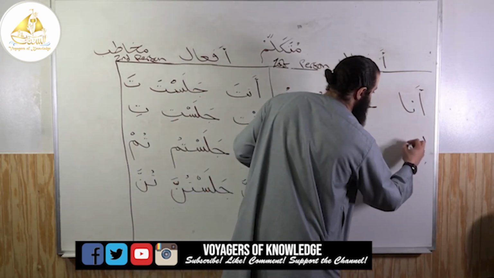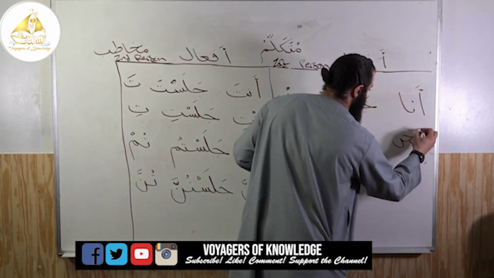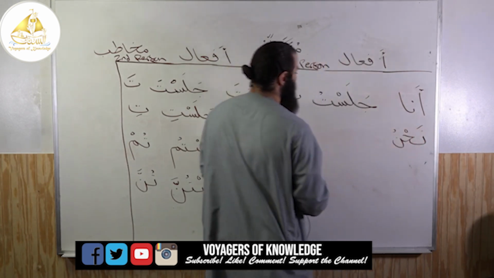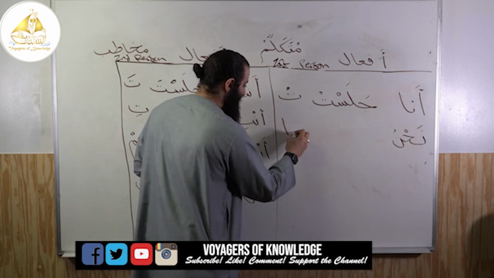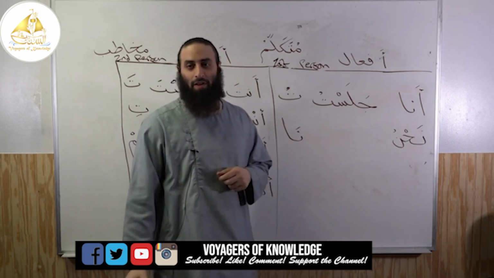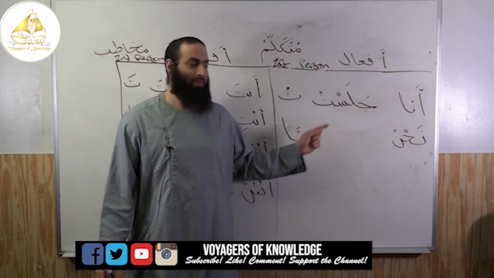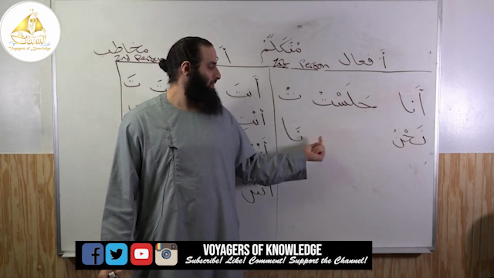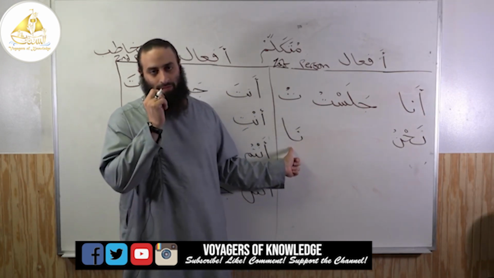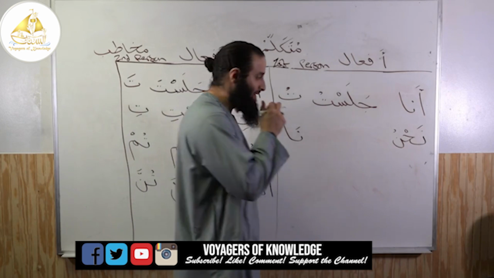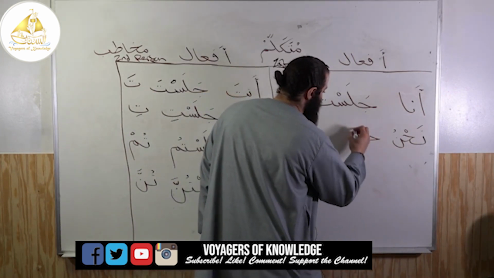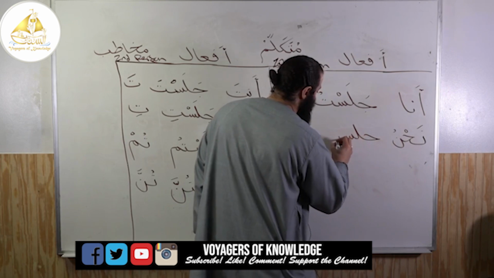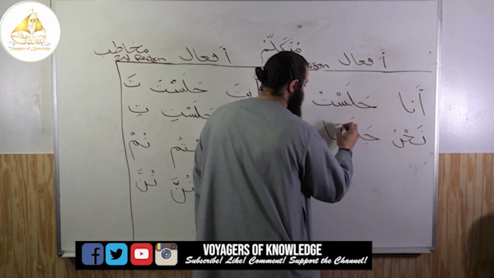Nahnu. Guess what we're going to put here? Now you know why we didn't put na there? Because if we put na up there, it would have looked like what? It would look like nahnu. It would have been easy. We like to do this. We don't like easy. Jalas. Na. Not nice.